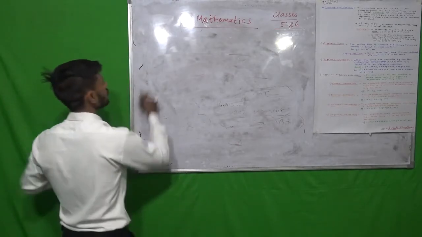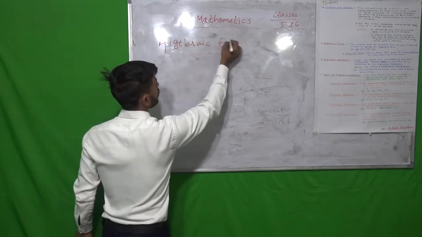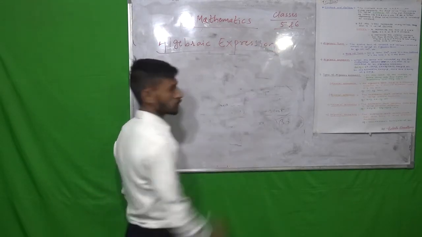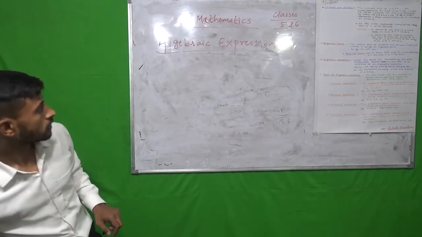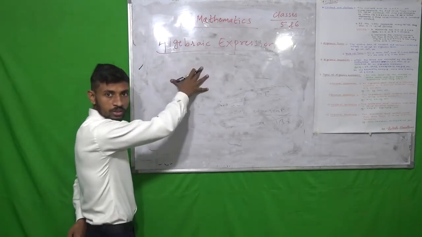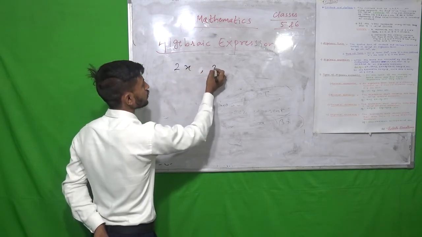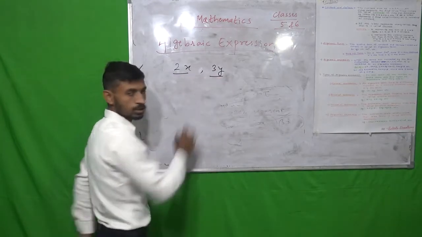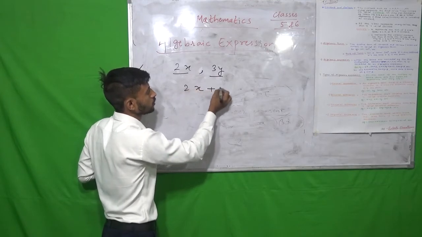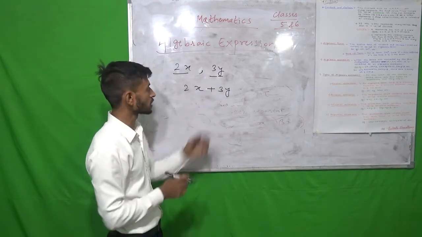Now algebraic expression. Do you know about the term? Here two terms, we have 2x and we have 3y. If you combine them, 2x plus 3y, we have combined 2x and 3y with a plus sign.